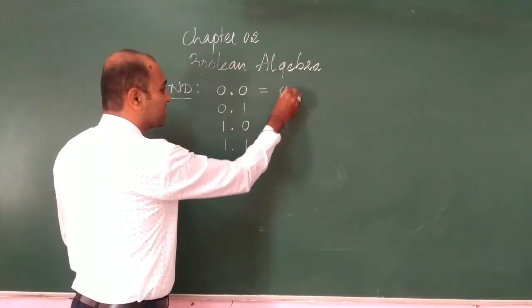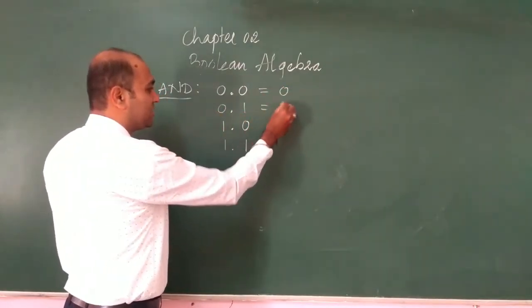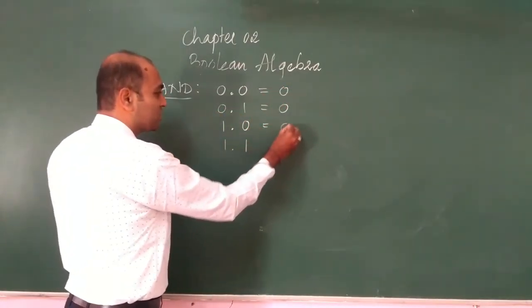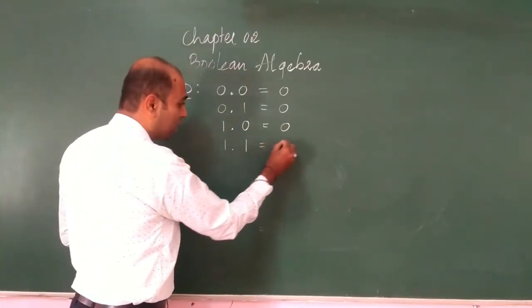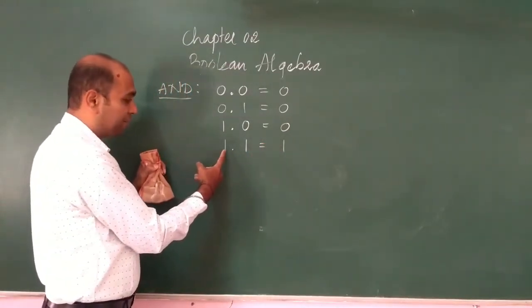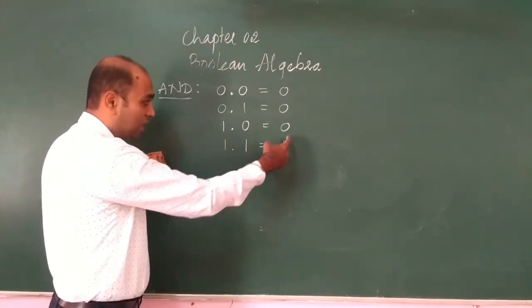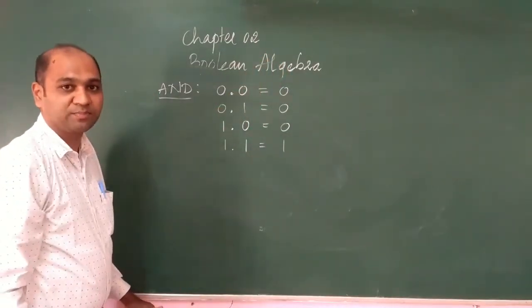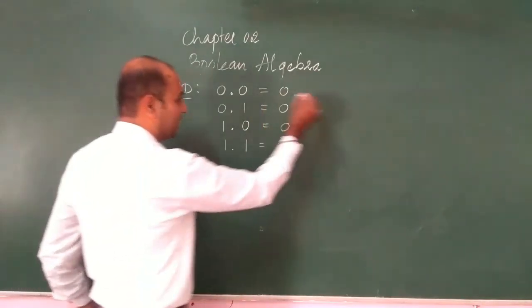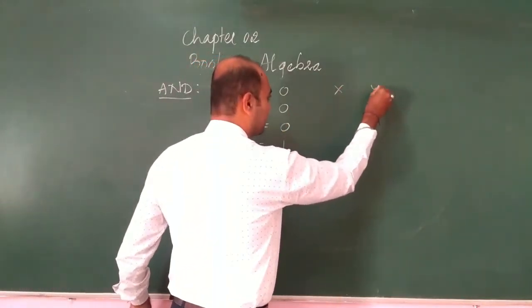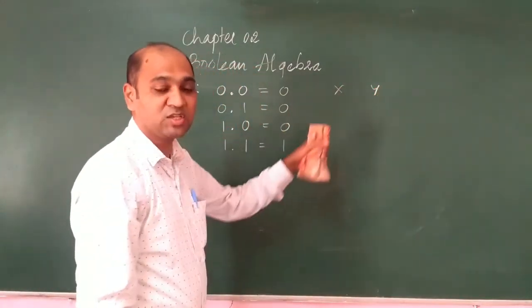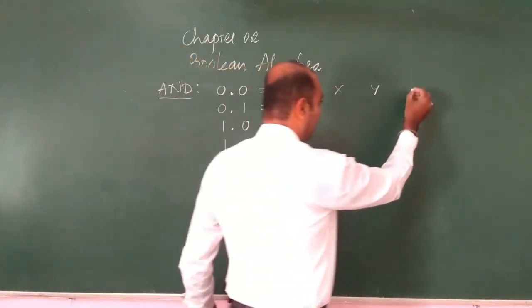0 into 0 is 0, correct? 0 into 1 is 0. 1 into 0 is 0. 1 into 1 is what? 1. It means that if both the values of the variables are true, then the result is true. Otherwise, it is false, correct? Next, let us take an example. We write x, y. It is called a truth table. x, y and z.